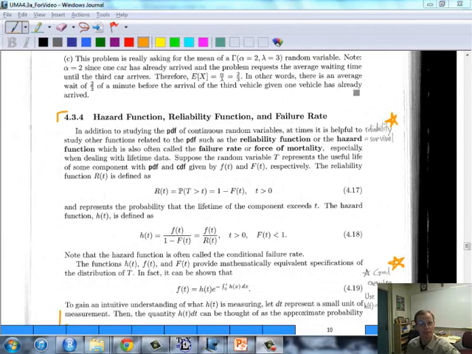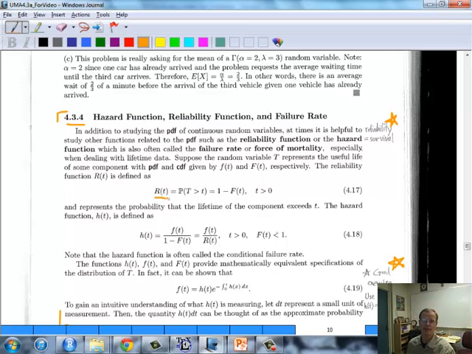Alright, what I'd like to next do is the section 4.3.4 in our book called Hazard Function, Reliability Function, and Failure Rate. This is a pause from the continuous distributions, and there's a very specific reason for it. So we're defining R of t as a new function.